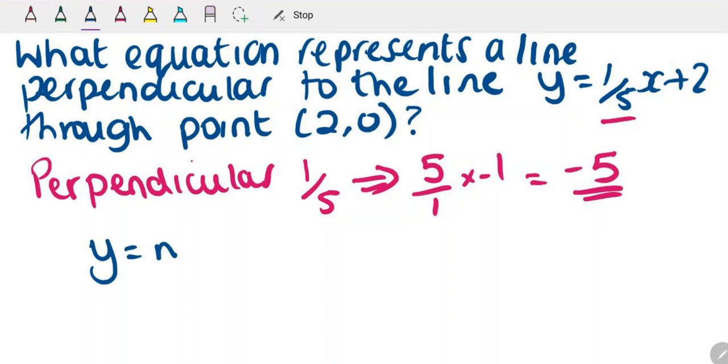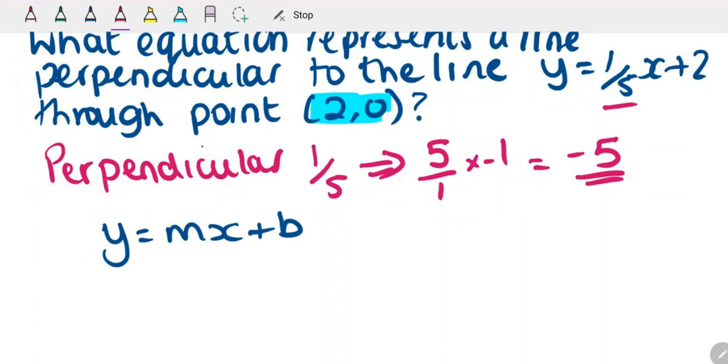So we're going to use the formula for the slope-intercept form. So y is mx plus b. And looking at it, we have (2, 0). So this is our point. We're going to substitute the values in to find the intercept.